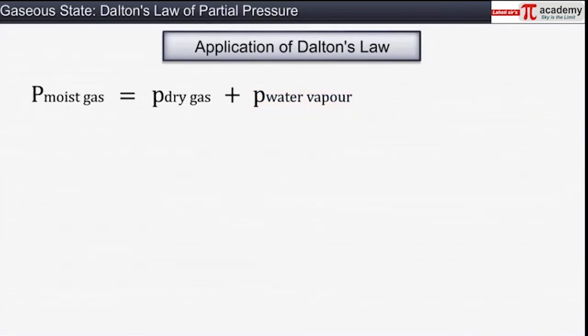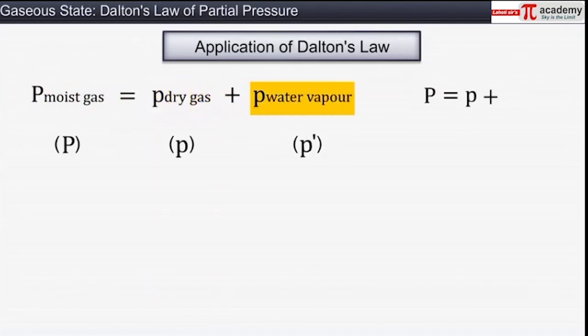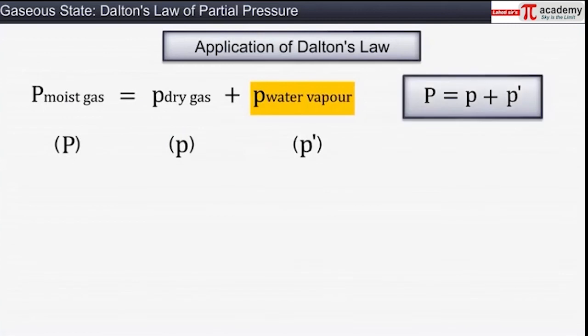If the pressure of dry gas and the moist gas are represented as P and P total, and the partial pressure due to water vapor, commonly called aqueous tension, is expressed as P dash, then, by Dalton's law of partial pressures, the total pressure exerted by a moist gas, that is, P total is equal to the partial pressure of the dry gas, P, plus partial pressure of the water vapor, P dash.